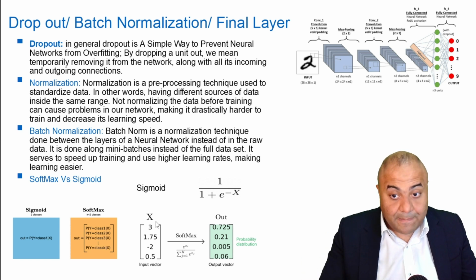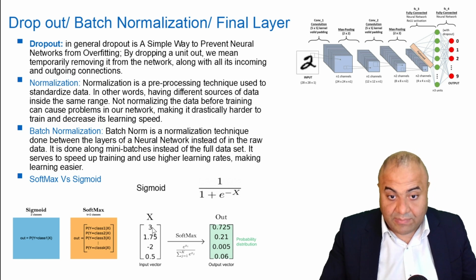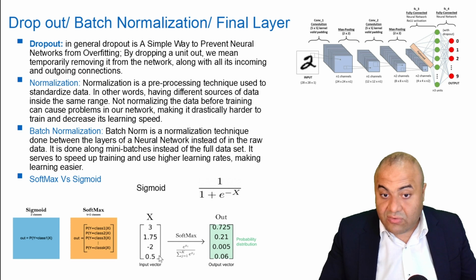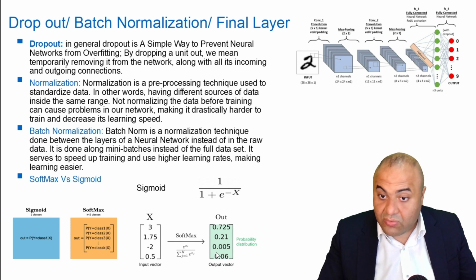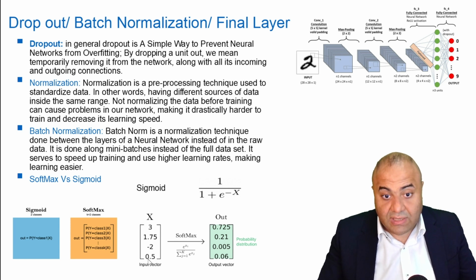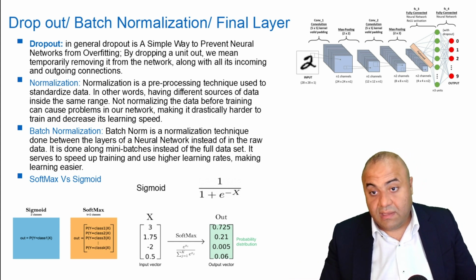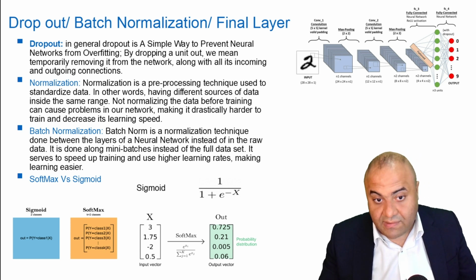So if we're trying to classify the image from 0 to 3, for example, we have 0, 1, 2, 3. The softmax value is calculated as e to the power x, divided by the summation of e to the power x of the whole vector. So e to the power 3 plus e to the power 1.75 plus e to the power minus 2 plus e to the power 0.5. We sum it, and this is how we get our softmax output layer.